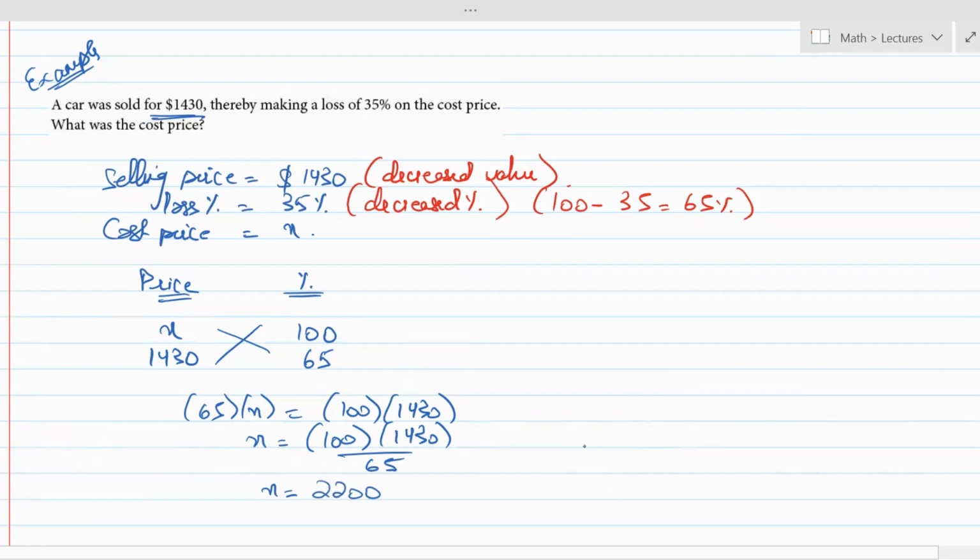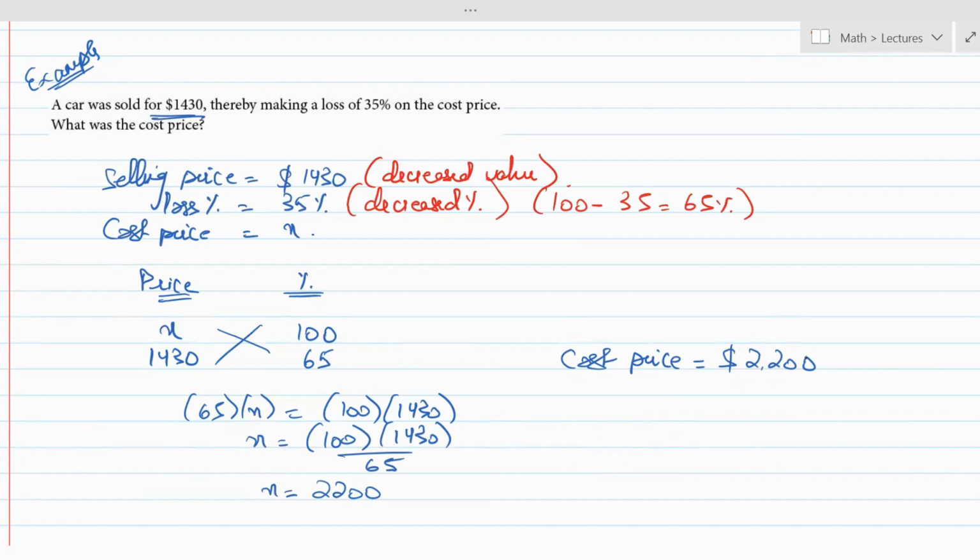So that means the cost price is equal to $2,200.